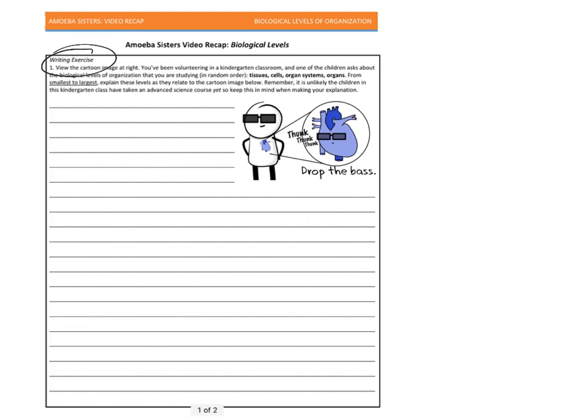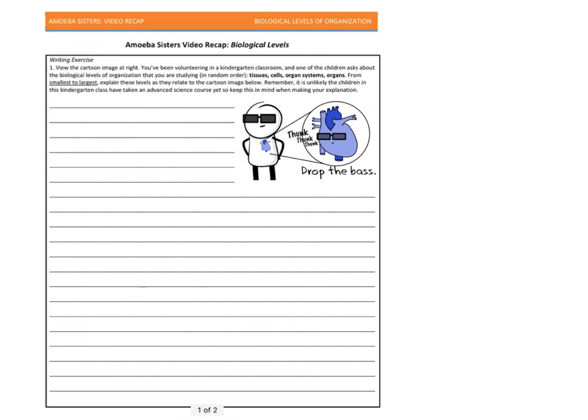Right here, what you're going to do is pretend that you were volunteering in a kindergarten classroom, and you have one of those really smart kindergartners that asks you, hey, how do tissues and cells and organ systems all work together? So it's going to be up to you to take these words and write in a way that maybe a kindergartner would be able to understand it.